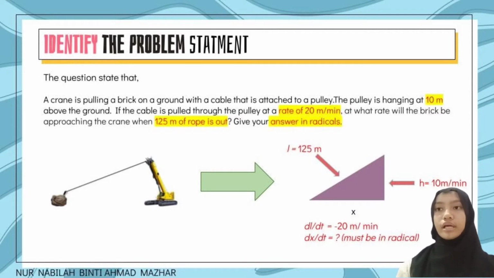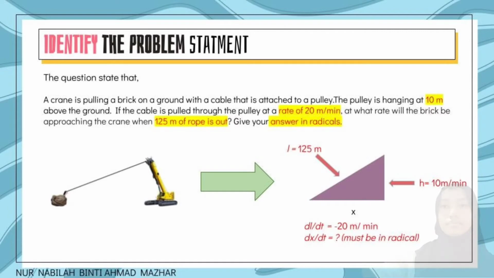So don't forget to put negative because the cable is pulled through. So it will be in the negative direction. So we must put negative on 20. So in the question we must find dx/dt, and of course the answer must be in radicals.